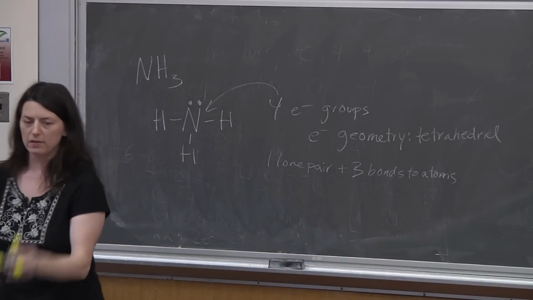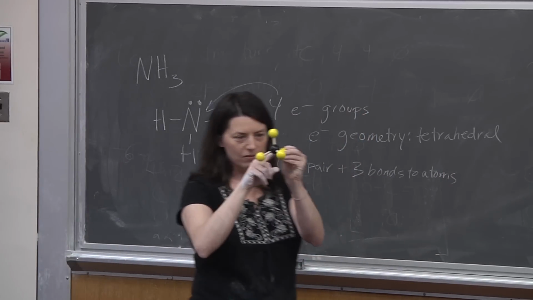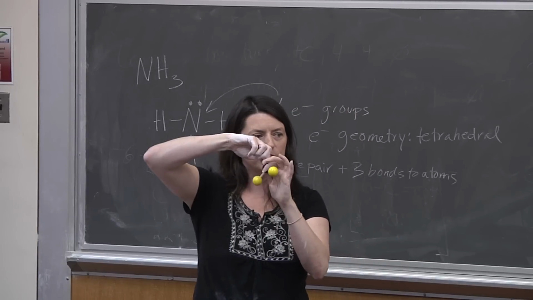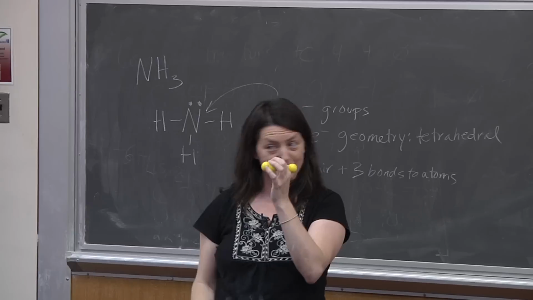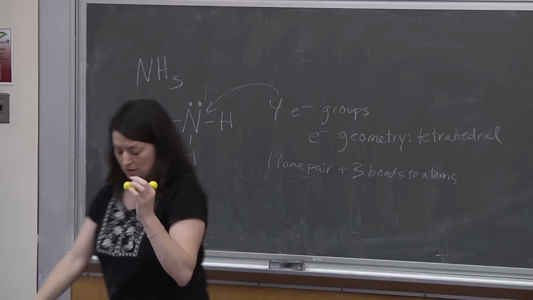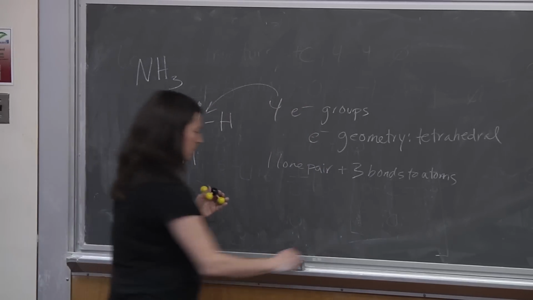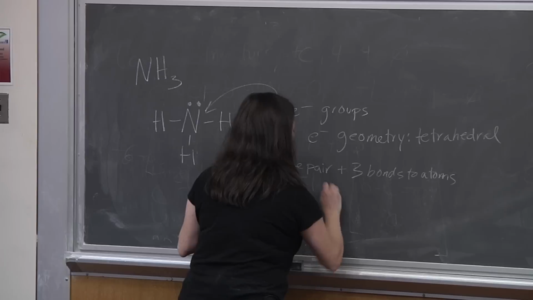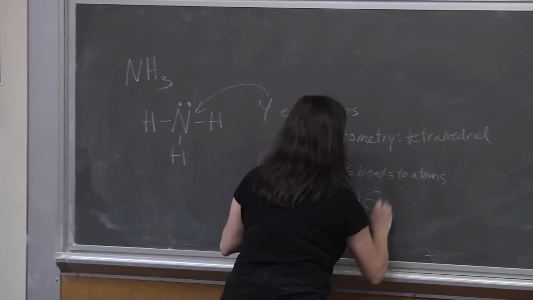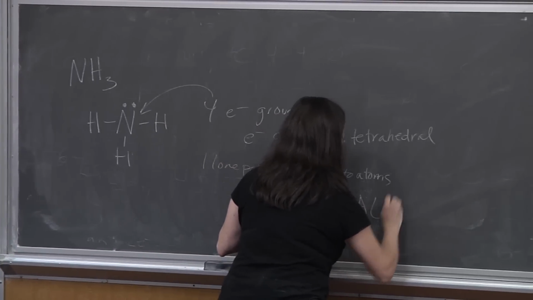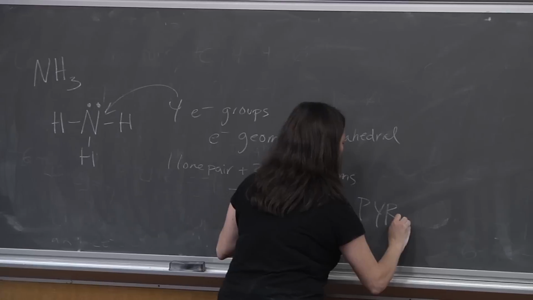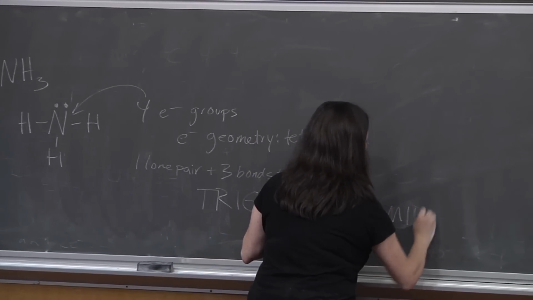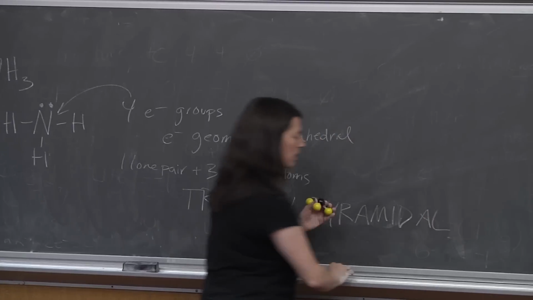So what happens is the electrons are still like a tetrahedron, but if you take the top off, it doesn't look like a tetrahedron anymore. So what this one is called is trigonal pyramid, or trigonal pyramidal if you want to make it an adjective.